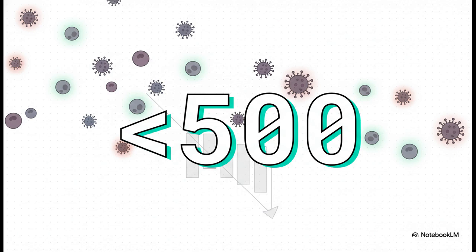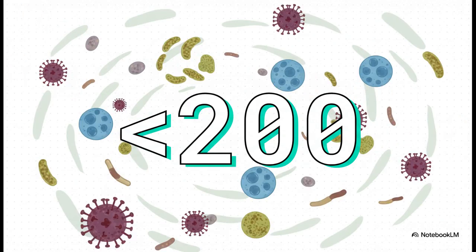It tells us there's significant immune suppression and a much higher risk of disease progression. But the definitive threshold for a diagnosis of AIDS is a CD4 count below 200 cells per cubic millimeter. At this stage, the immune system is severely compromised. The risk for life-threatening opportunistic infections is sky high, and this is the point where we would typically start prophylaxis for things like pneumocystis pneumonia.